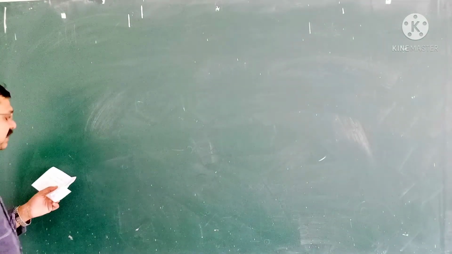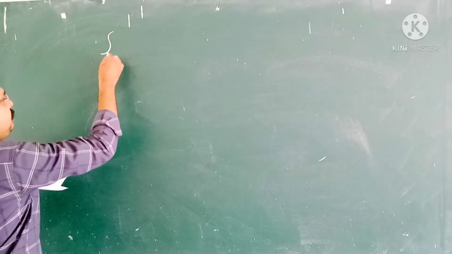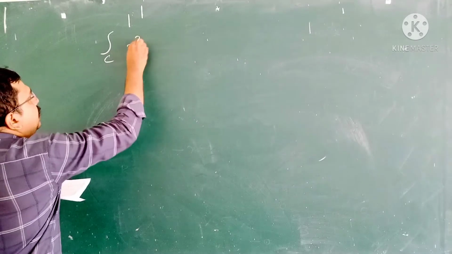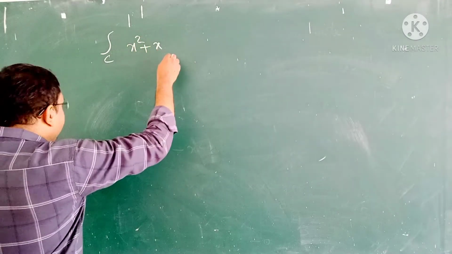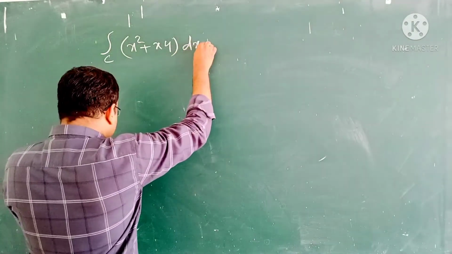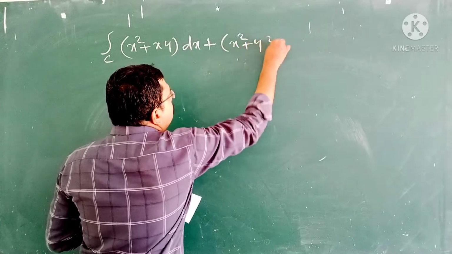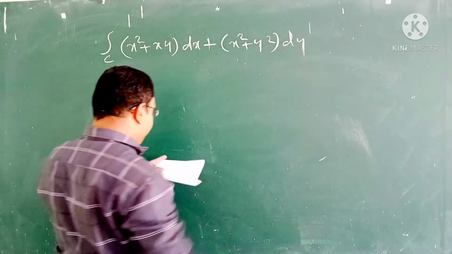Okay, by Green's theorem we know that first we can write the question: integral over C of (x square plus xy) dx plus (x square plus y square) dy.